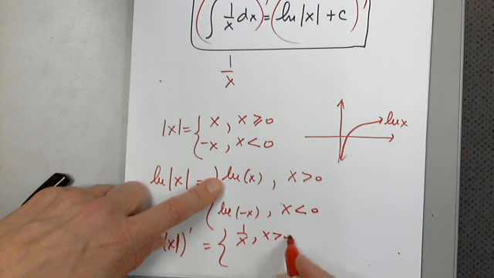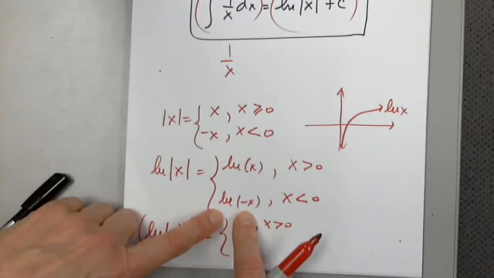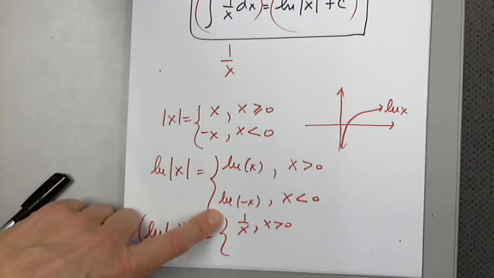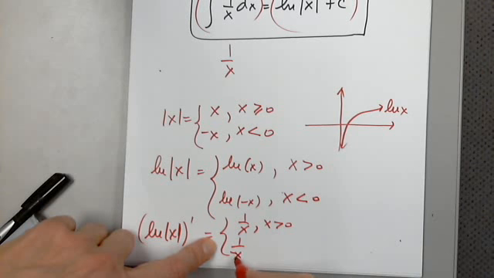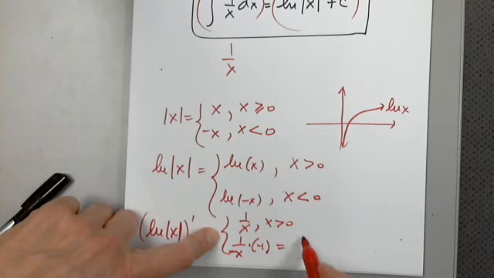For x greater than 0. When I differentiate this, for negative x, it's 1 over negative x times the inner function prime, which is negative 1. So 1 over negative x times negative 1. How much is that? 1 over x. That's it.